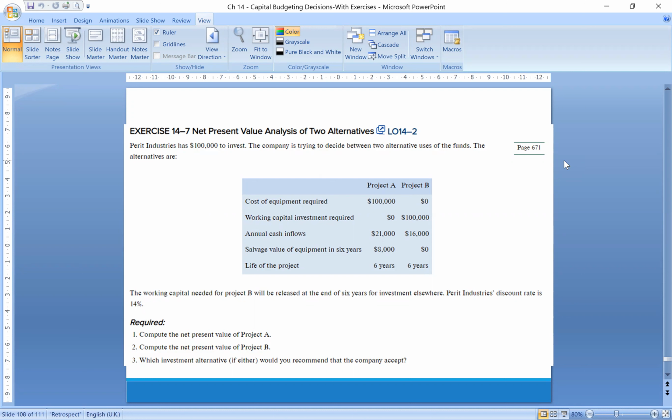The present value for project A. I would say the cost of equipment, and the year is what? Now, amount is what? 100,000 negative. Factor is 1, and present value will be 100,000 negative.